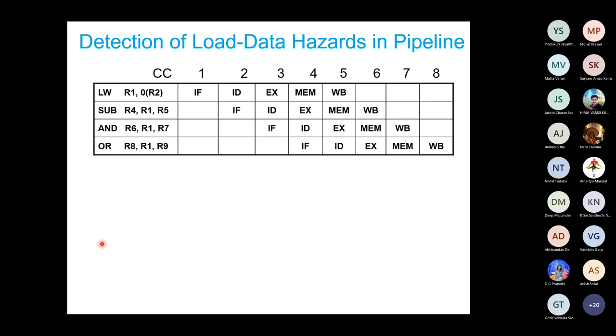Okay, so here is an example for you. This is the load data hazard. I have a load instruction followed by a subtract instruction. There is a clear hazard, and we need to make a stall here because it is known here, and I want it here, right?